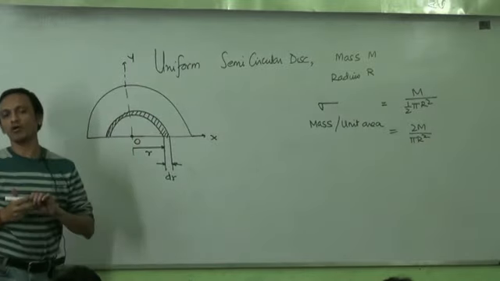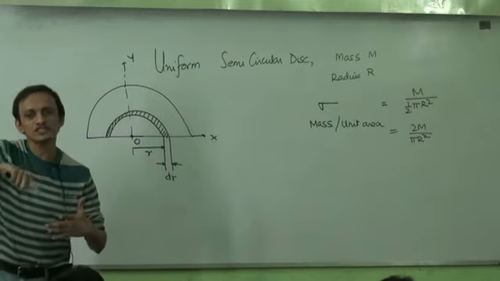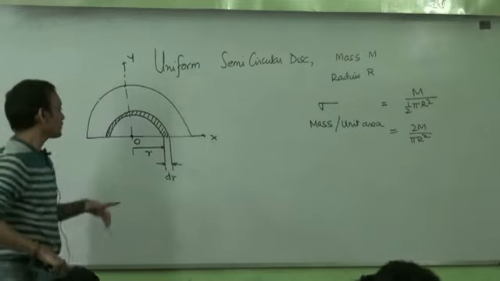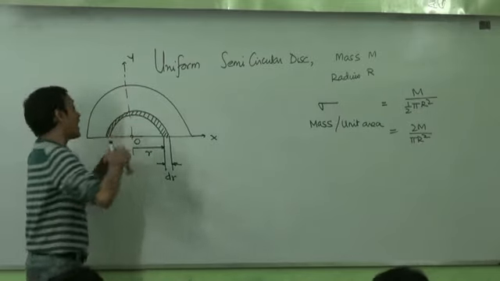So can you not think of this disk to be composed of infinity of such semicircular rings where r runs from 0 to capital R, isn't it?